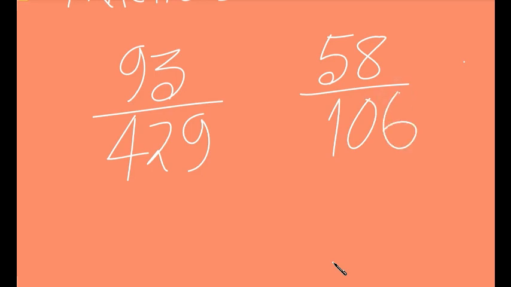This is where the problem lies. Multiply 93 into 106, multiply 429 into 58. Obviously that becomes tough, right? It becomes lengthy, hence we don't. But yet that is easier than taking the LCM here. Taking the LCM and then doing the multiplication, it is easier than that technique.